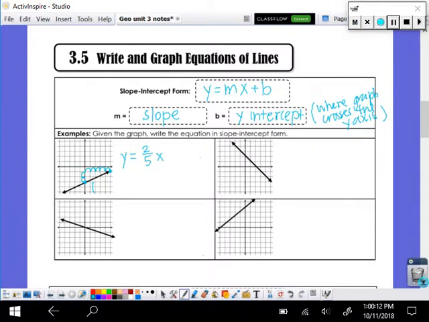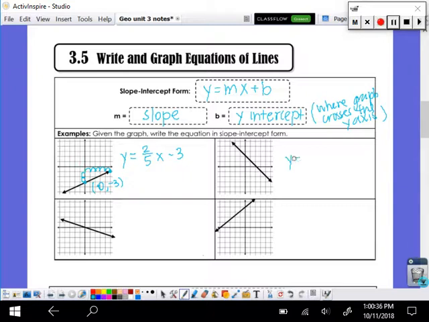We went 0, -3, sorry. 0, -3. So my y-intercept is actually a -3, and that would be your final answer. Okay? Let's do the one directly to the right of that.